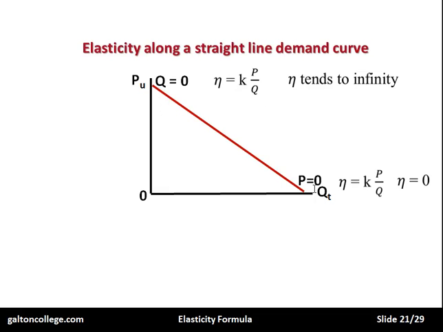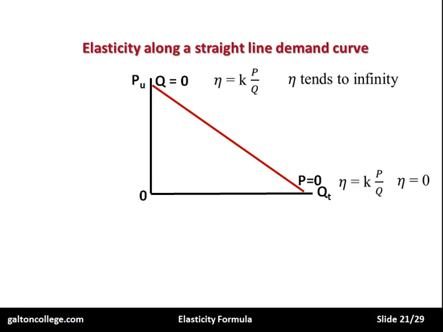And down here, P is equal to 0. So if P is equal to 0, here's P equal to 0. That means elasticity is equal to 0. So elasticity is 0 at this point and infinite up here. And it varies all along the curve. So we can't look at a demand curve and talk about its elasticity because it varies from 0 to infinity.